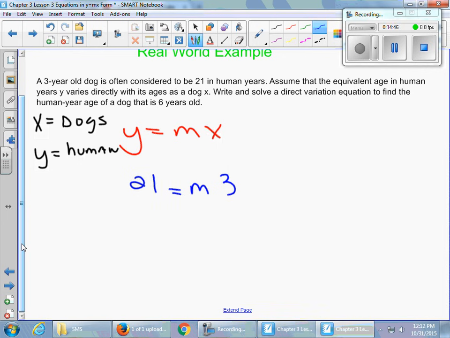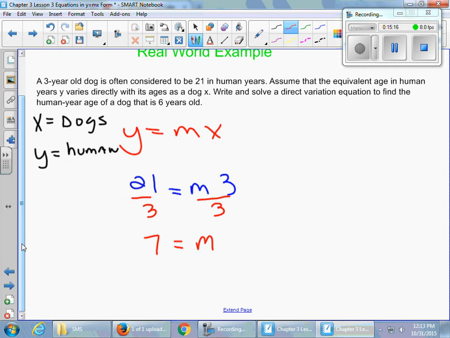Remember, a variable and a number next to each other are multiplying. So it's m times 3. And how do we get a number away from a letter? If they're multiplying, you do the opposite, you divide. So we divide each side by 3. We get our constant is 7.